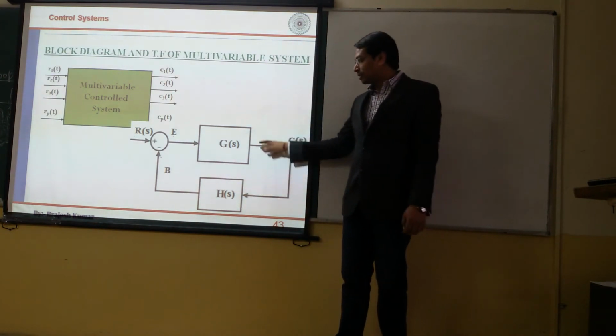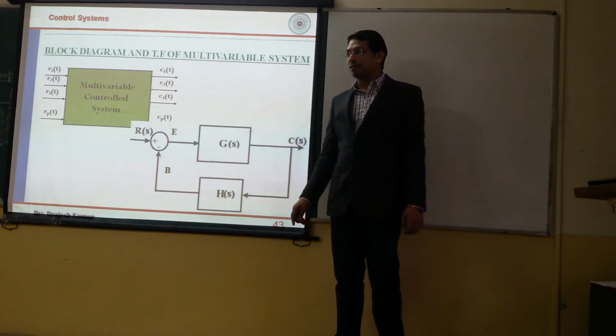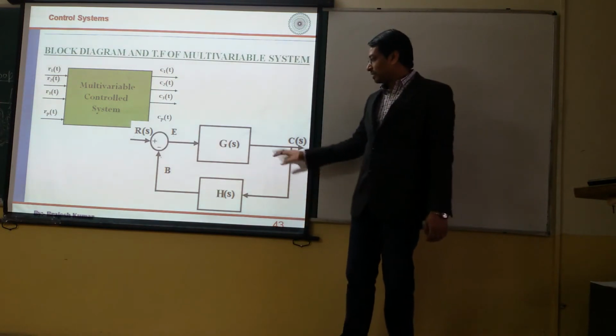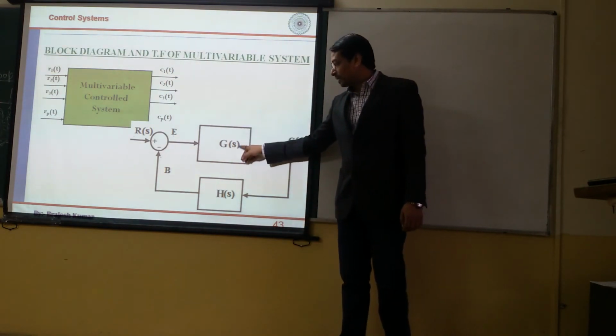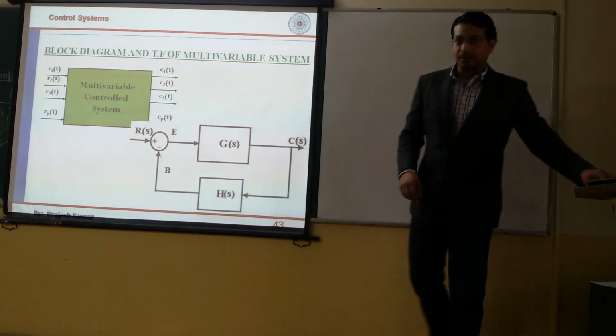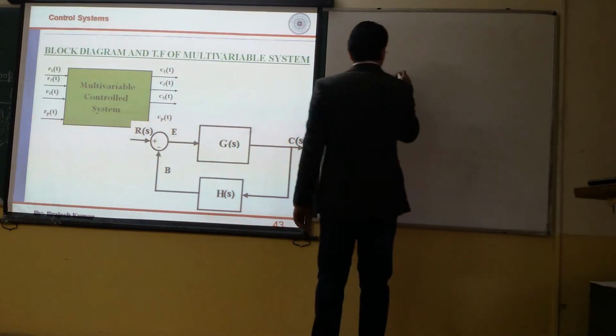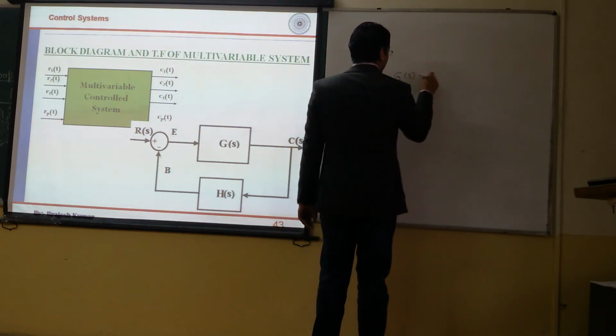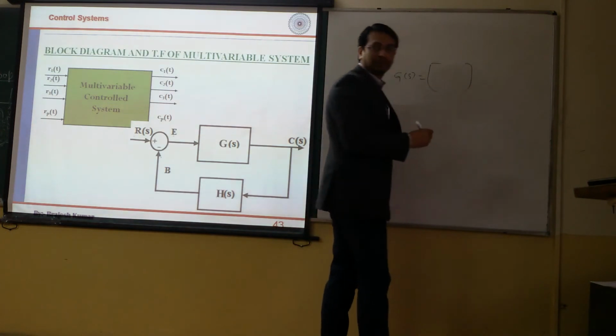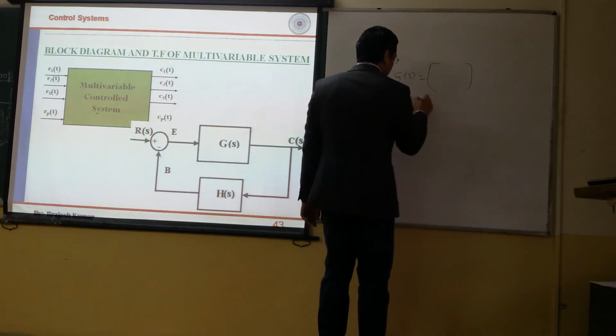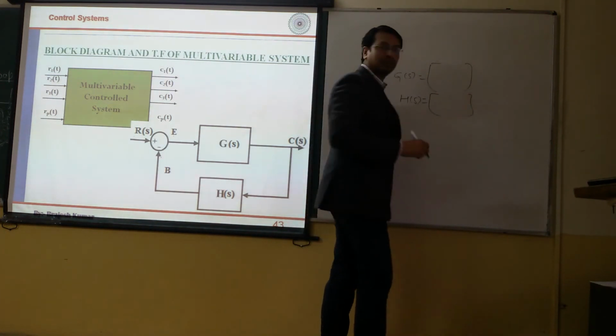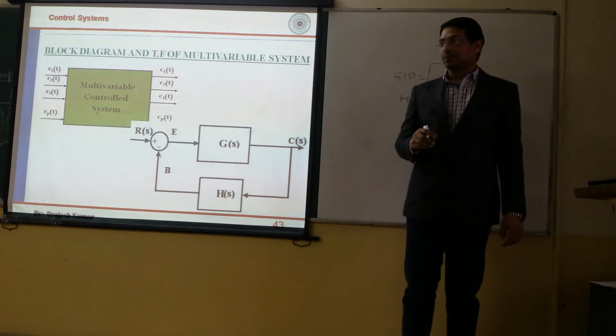And if you solve this equation similar to the previous one, the only difference is that these are matrices. Means they can consider multiple values. Like here, G(s) can have some matrix value. Okay. H(s) also can have some matrix value. Okay.